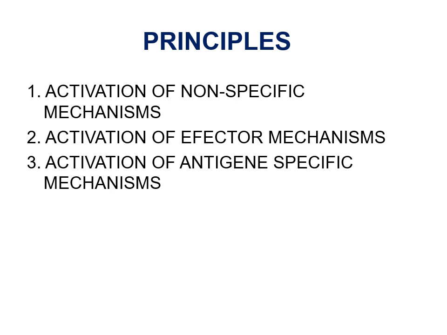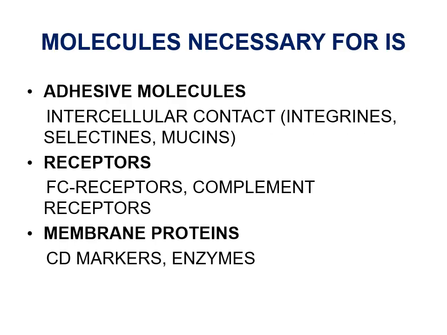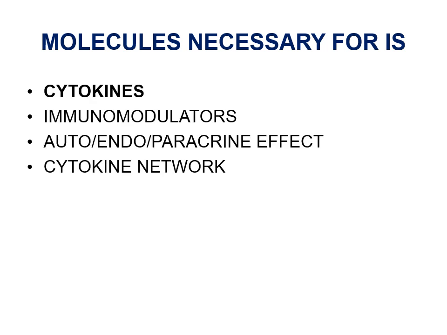Principles. First is activation of non-specific mechanism, then activation of effector mechanism, and activation of antigen-specific mechanisms. Molecules necessary for immune systems are adhesive molecules which make intercellular contact like integrins, selectins, mucins, then receptors like Fc receptors or complement receptors, and of course membrane proteins like CD markers and enzymes.